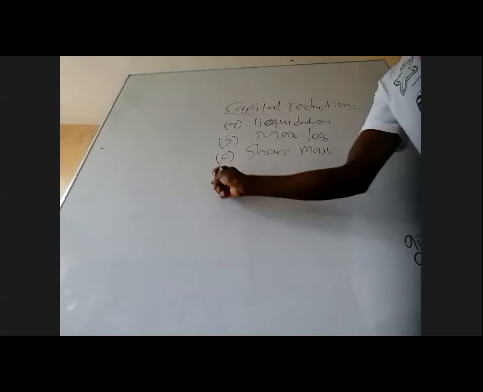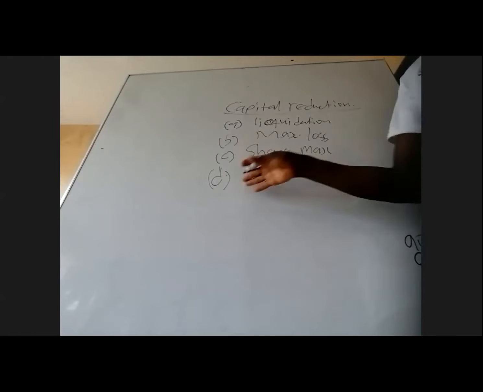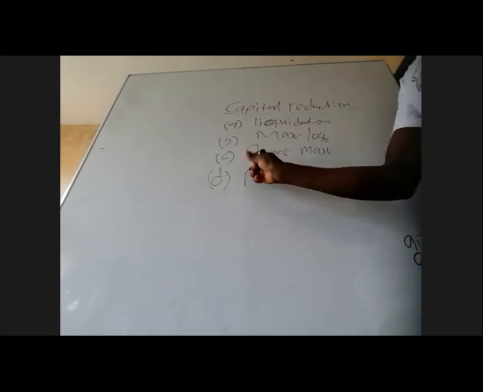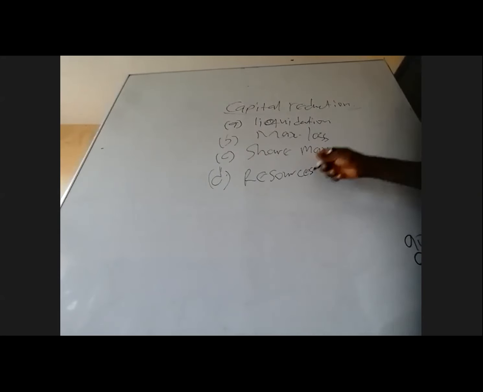Then D, we said that the resources needed. That's step 4. That's the heartbeat. Resources requirement or the resources needed.